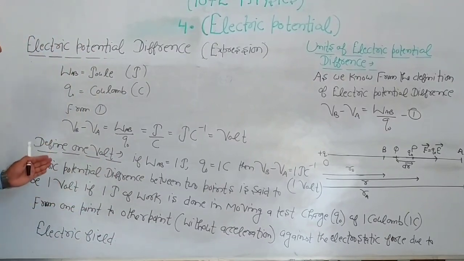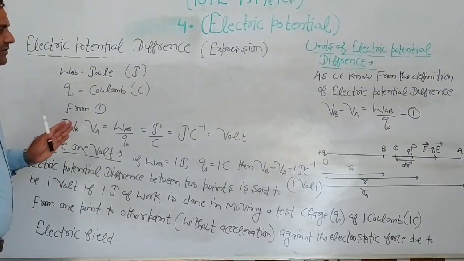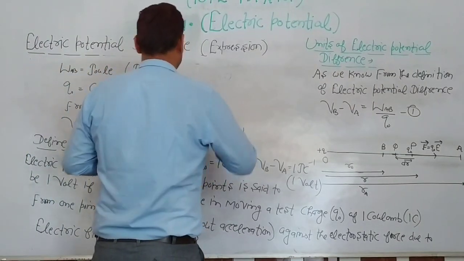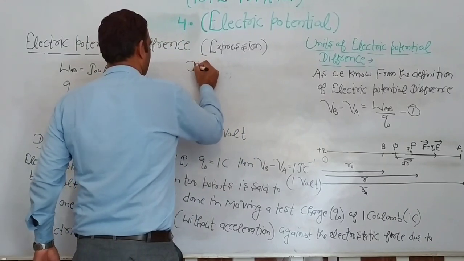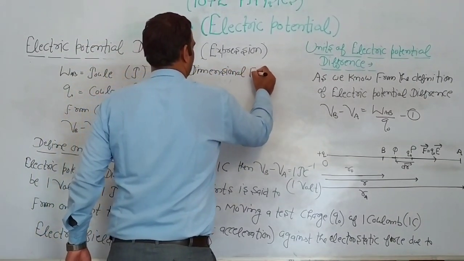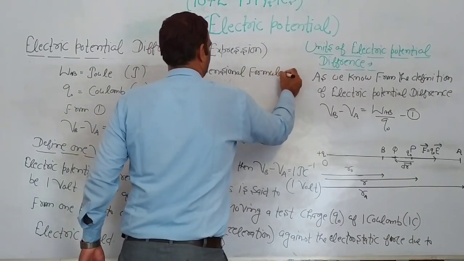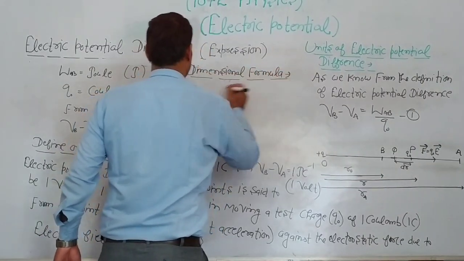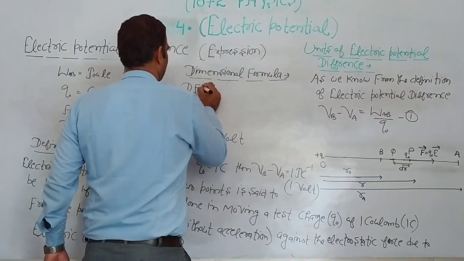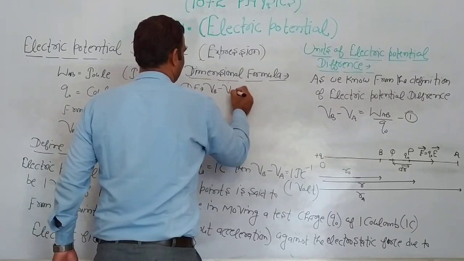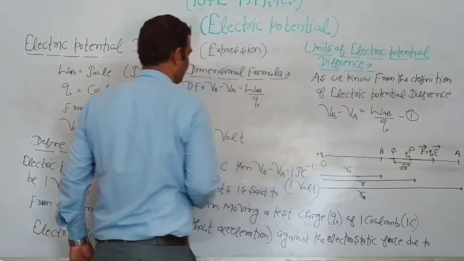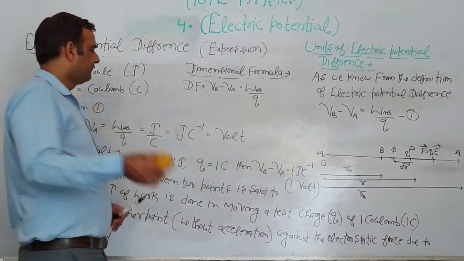Now we discuss the dimensional formula of electric potential difference. V_B minus V_A is W_AB upon Q naught. What is the dimensional formula for work?